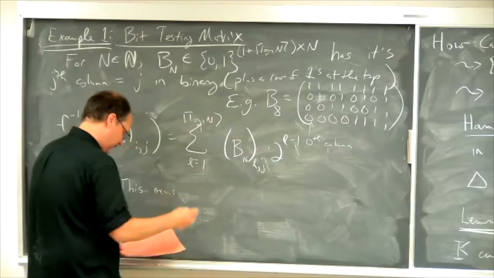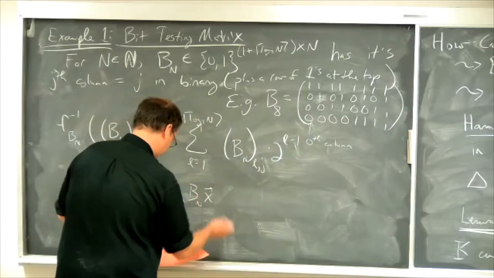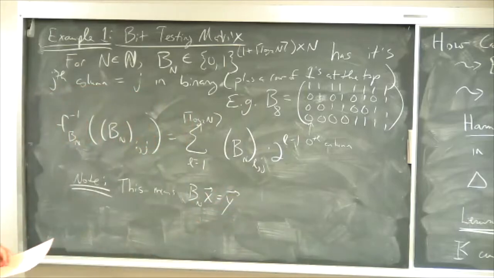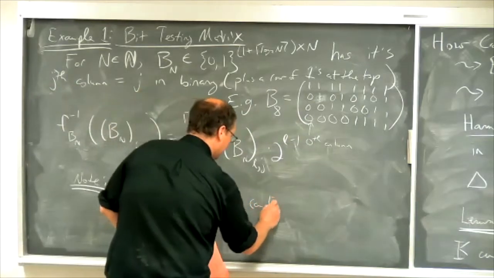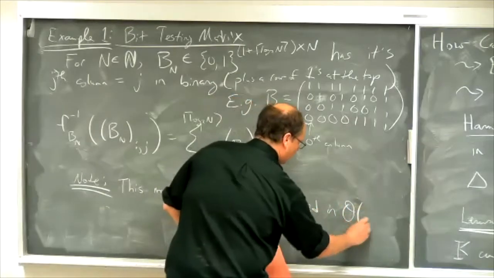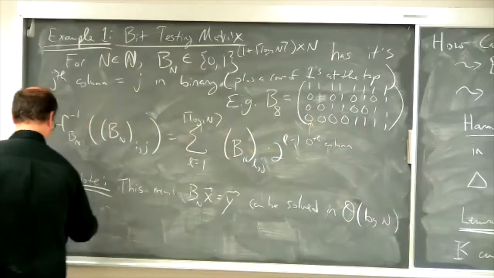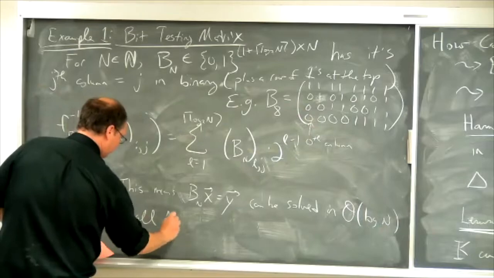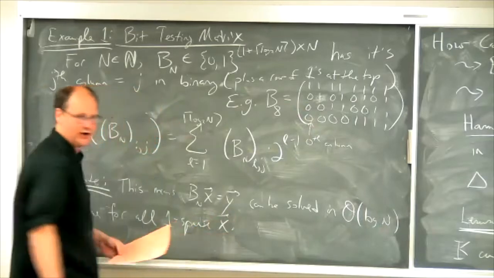So this means that B_n times x equal to y, so I have this linear system I want to solve, can be solved in order log n time for all one-sparse x. That's effectively all I'm saying here.